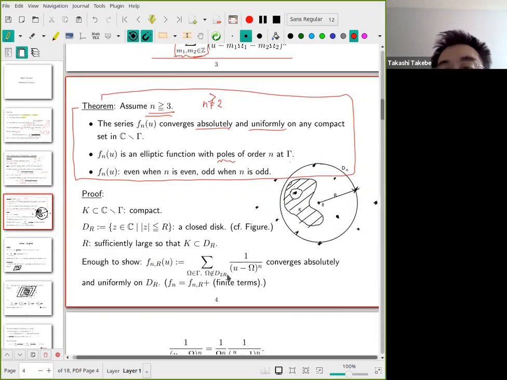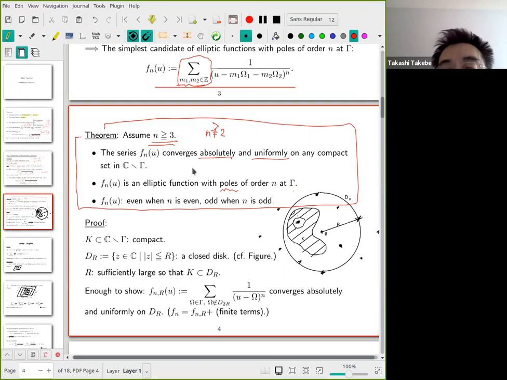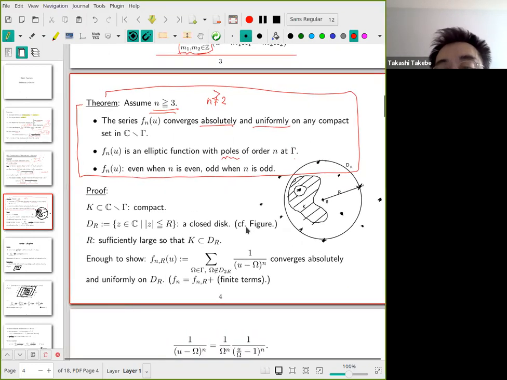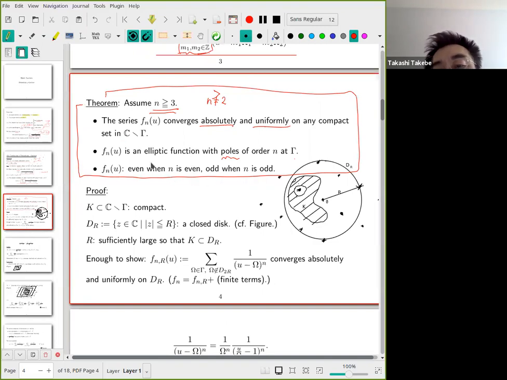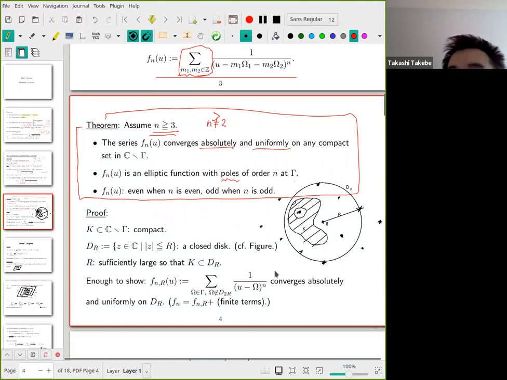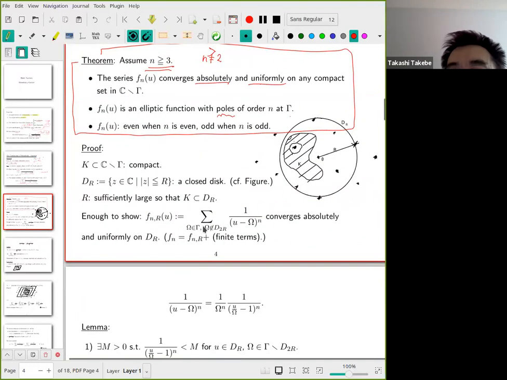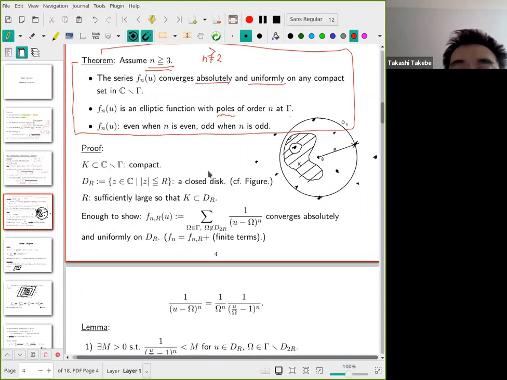And actually, this function has a good parity. When n is even, it is an even function, and when n is odd, it is an odd function. Well, the proof is a sort of exercise for our students, but let me tell you details.